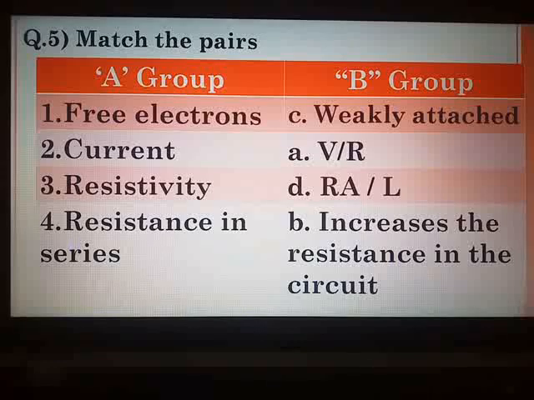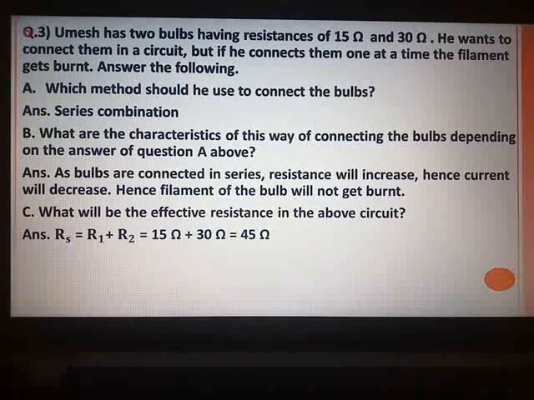I want all this match the columns, everything written in your notebook. As I have told you earlier also, if you see the questions of this textual exercise, big questions are printed. You can see the previous slide about the Umesh and all such big questions. No need for you to copy the question. You only put question number 3, put A and write the answer.